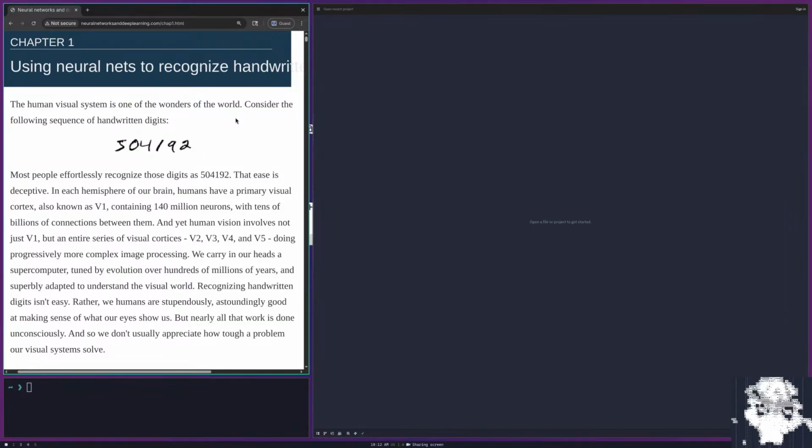Then by the end of this, we're going to have the basic concepts for neural networks in the bag. And we're going to see if we can then learn how transformers work.